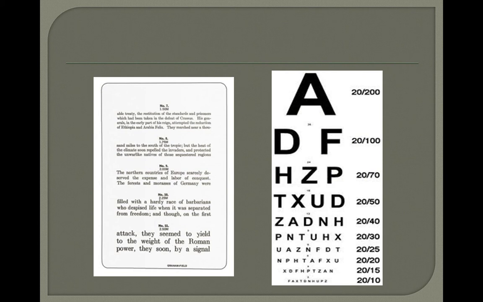If me and this person are standing side by side and we're looking at this chart, the person with perfect vision can see, let's say, from 50 feet what I can only see from 20 feet. So let's say both of us are standing 20 feet away from this chart. I can probably read this line, but the person with perfect vision, they can move back 30 more feet and still be able to visualize this line. So this is how we use the Snellen chart.